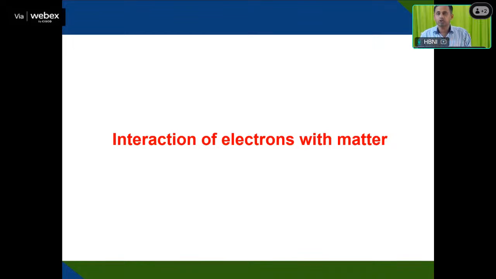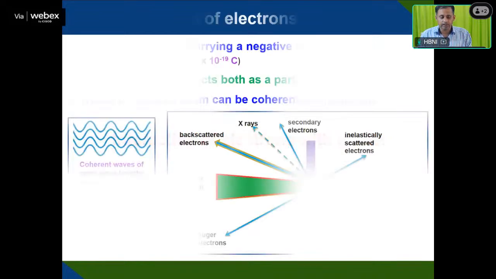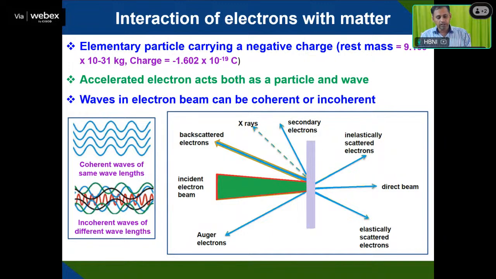Similarly, electrons also interact with the material in different ways. The electron is a negatively charged particle, with mass and charge we all know. Here there is an incident electron beam falling on a sample substrate, and you will see different types of interaction.